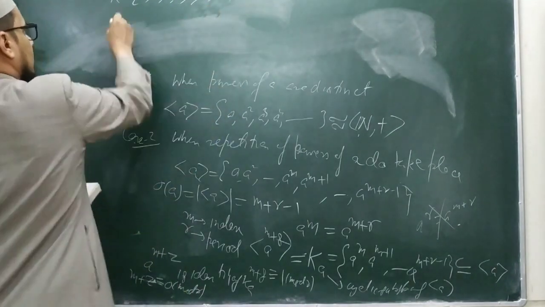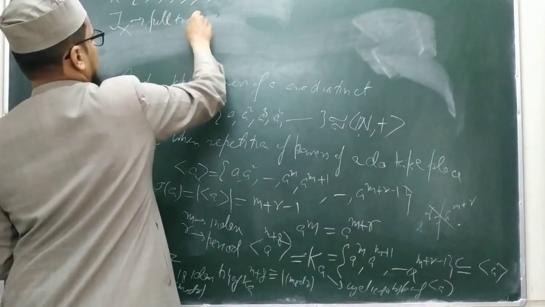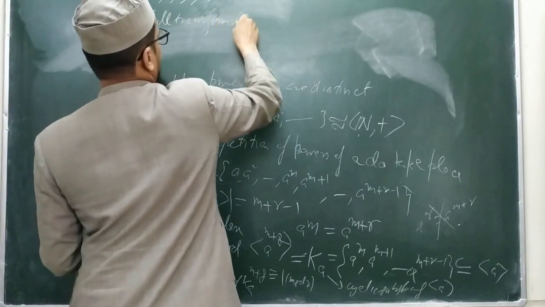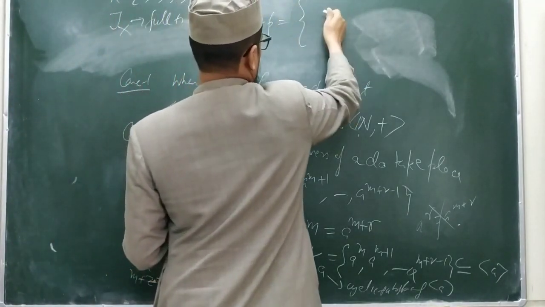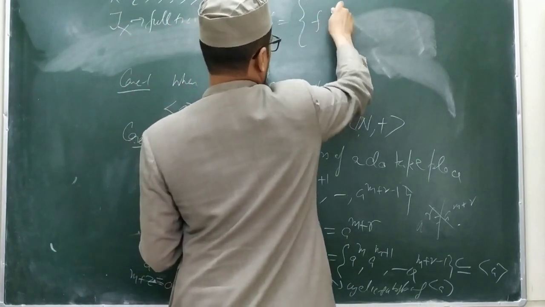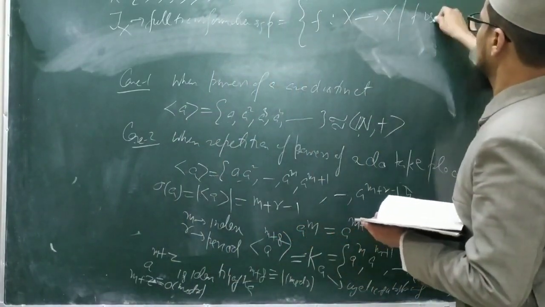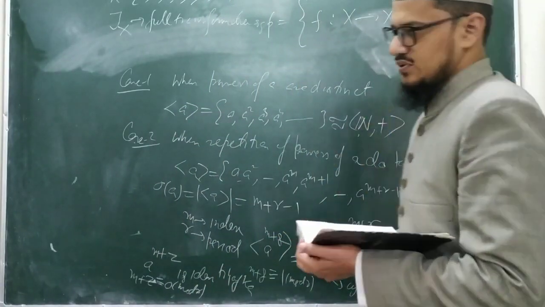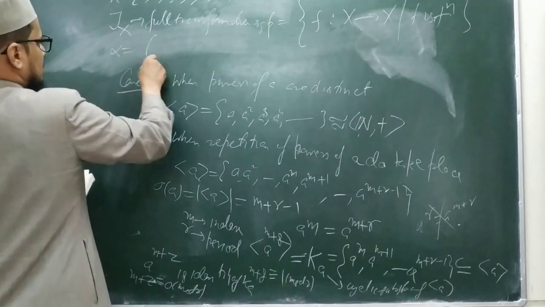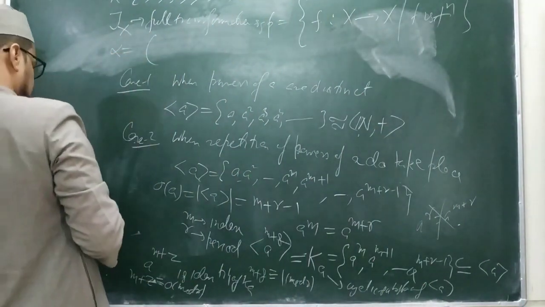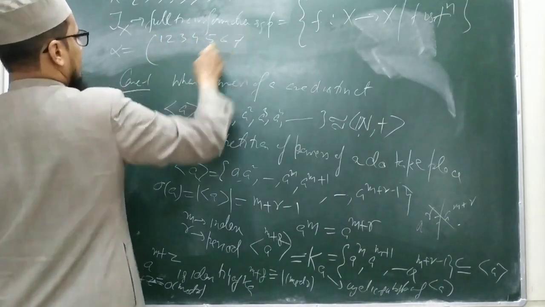Now this is the full transformation semigroup. It consists of all elements, that is, all functions f from X to X. Now we consider an element alpha, and we write it like this: 1, 2, 3, 4, 5, 6, 7.